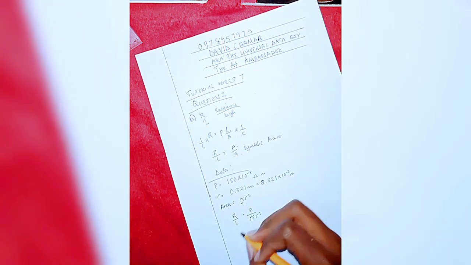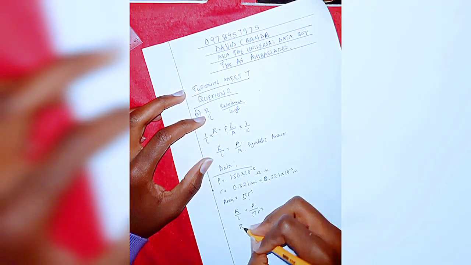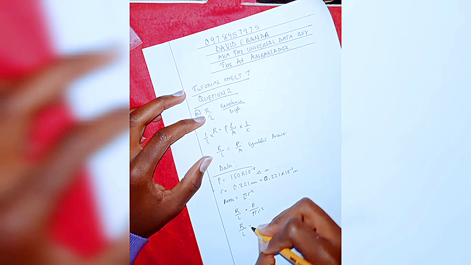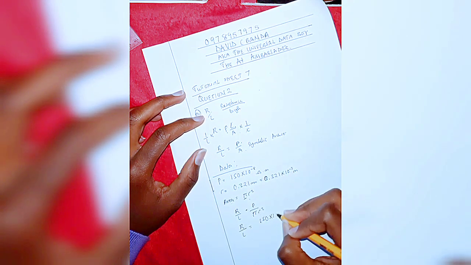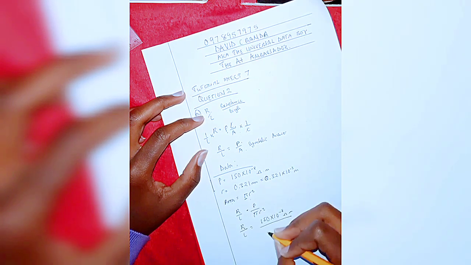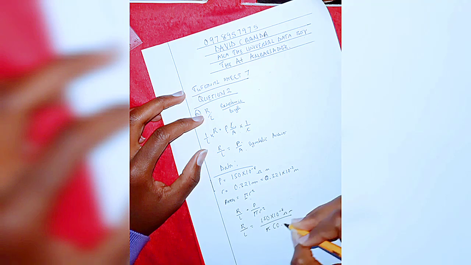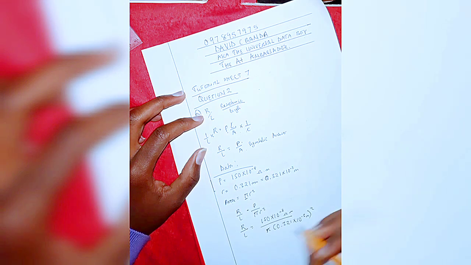So now here we just have to plug in the values, and then we'll definitely get the resistance over the unit of length. So now this is 150 times 10 to the power negative 8 ohm meters over pi, times the radius, 0.321 times 10 to the power negative 3, all squared.